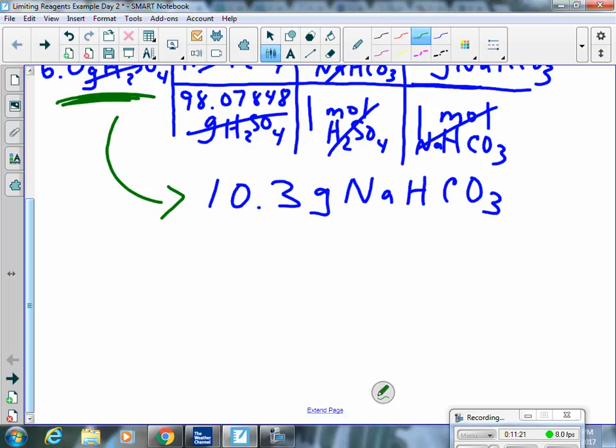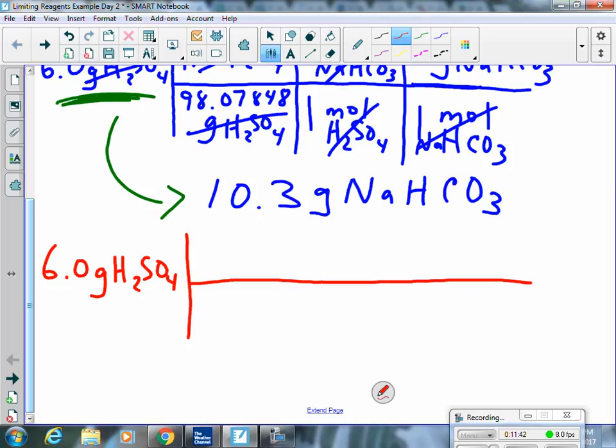So, next step is I'm going to take my limiting reactant, which was 6 grams of H2SO4, and I'm going to go mass to sodium sulfate.